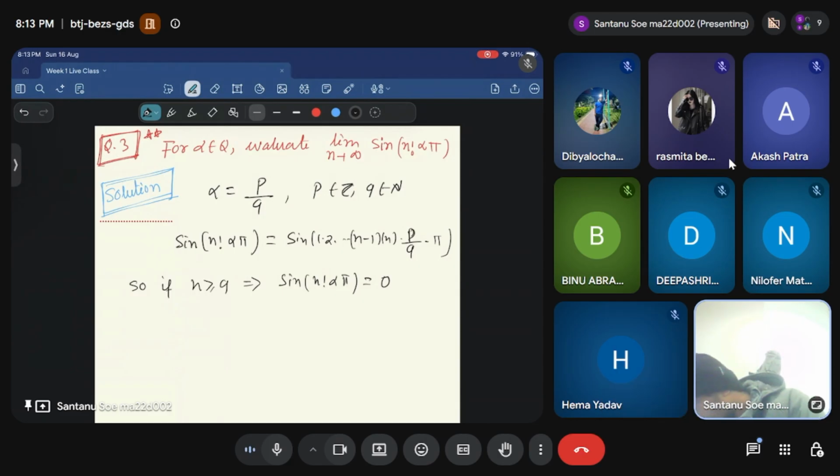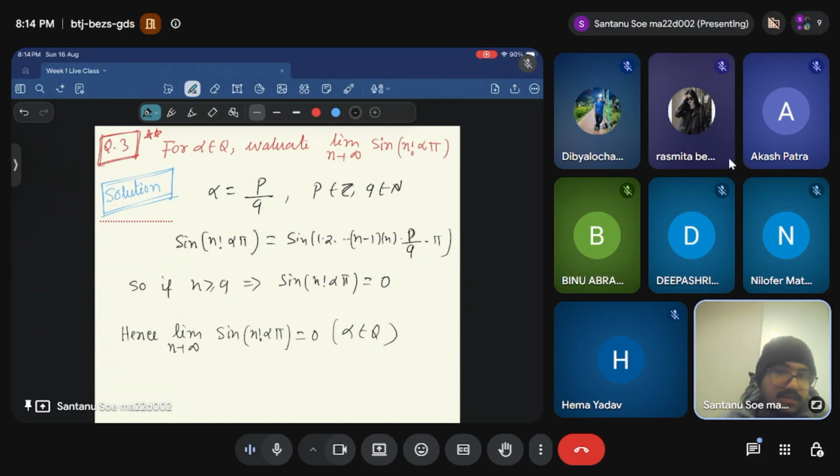So this is implying that as long as alpha is a rational number, no matter how big it is, the sine of n factorial alpha pi will be an eventually zero sequence.